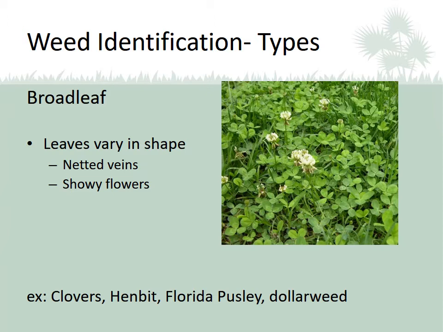Broadleaves are dicots. Their leaves can vary quite a bit in shape, but they always have netted veins. So if you look at the leaf, you look at the veins, if it's in a netted pattern, you know that it's a broadleaf or a dicot. Some examples would be any kind of clover, henbit, Florida pusley, and dollarweed.